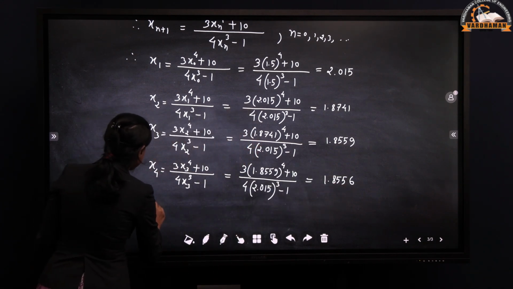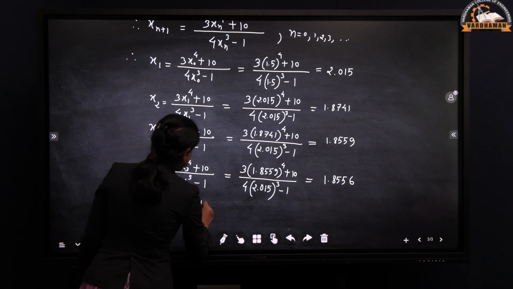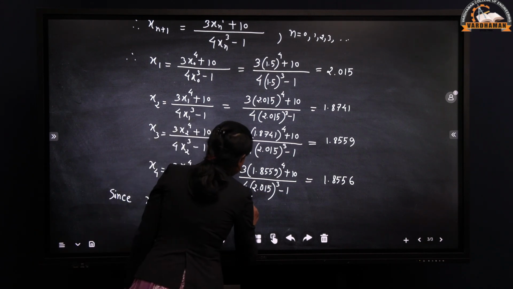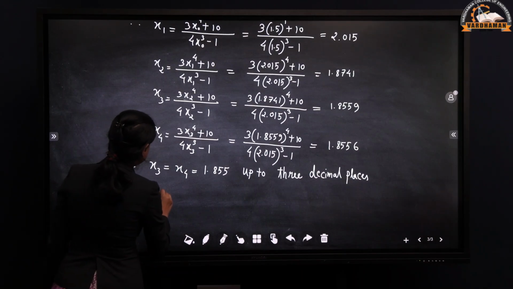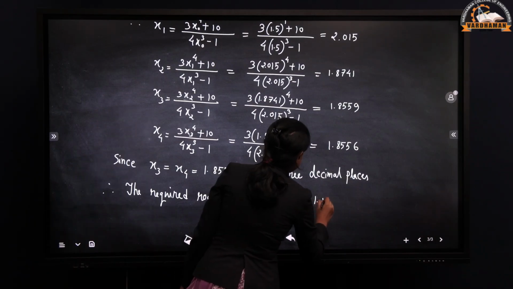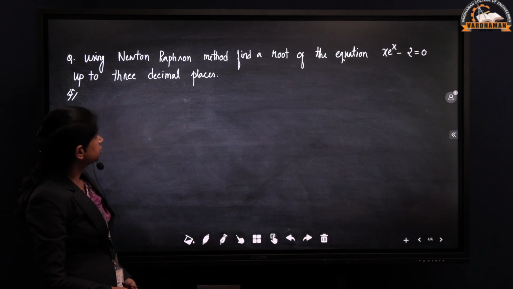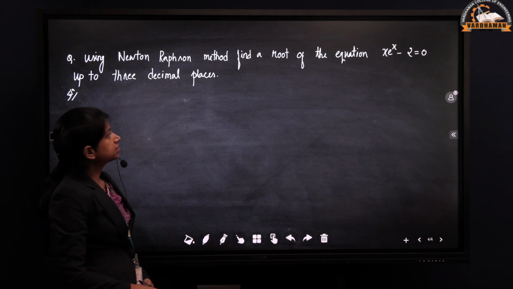Since x3 is equal to x4 is equal to 1.855 up to 3 decimal places, therefore the required root is x equal to 1.855.